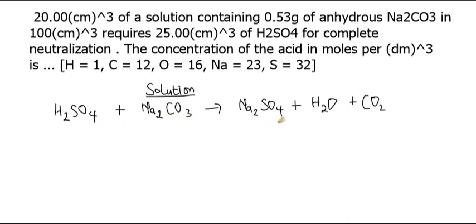Checking here, we have 4 plus 1, that's 5, plus 2, 7, balanced. Then the sodium, we have 2 atoms present, 2 here as well. We have 1 atom of carbon, and on the product side we have 1 as well. So we can say this is a balanced chemical equation.